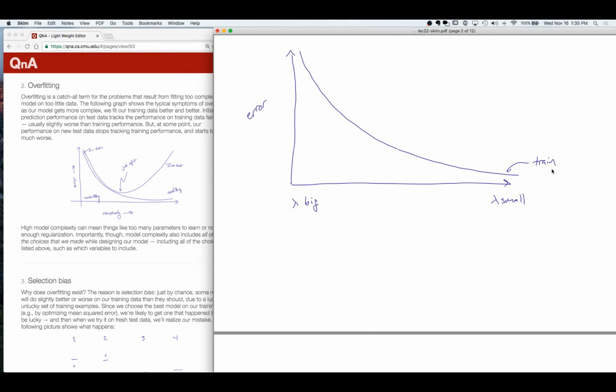But if you take this model that you fit and you evaluate its error, for example, its mean squared error, on new data, which I'll call the test set, you're going to get very different behavior. For a while, it will track the training error pretty well, maybe be a little bit larger, and then it'll start to drift away from the training error, and eventually it can actually go up.